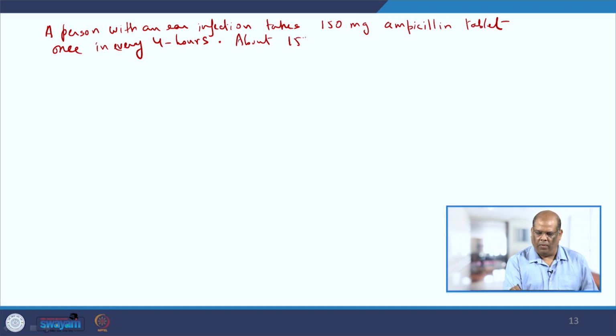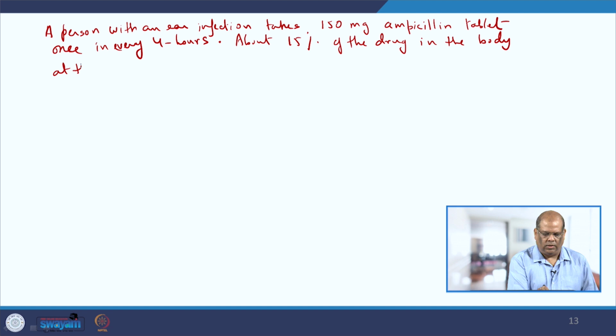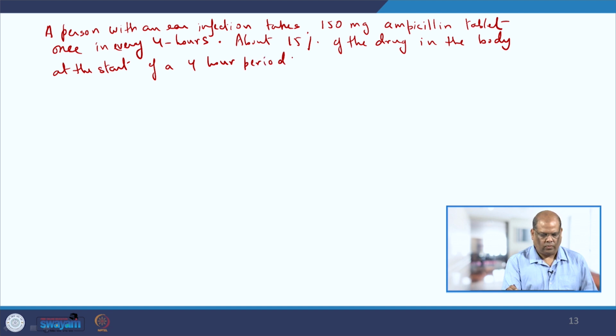About 15% of the drug in the body at the start of a 4-hour period is still there at the end of the period.